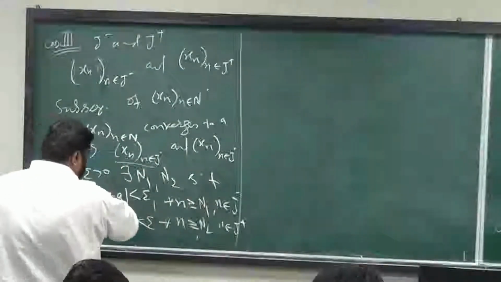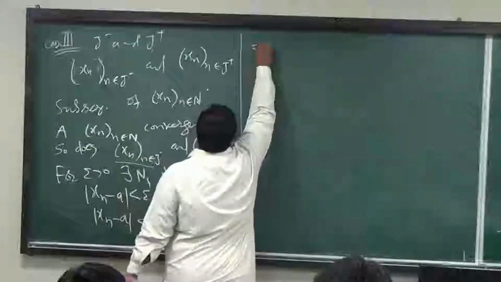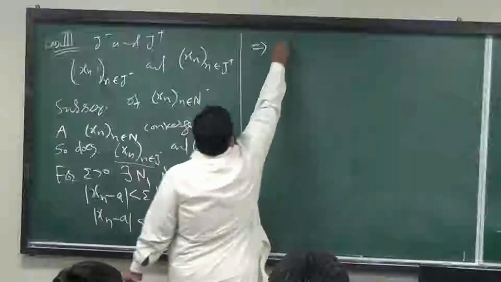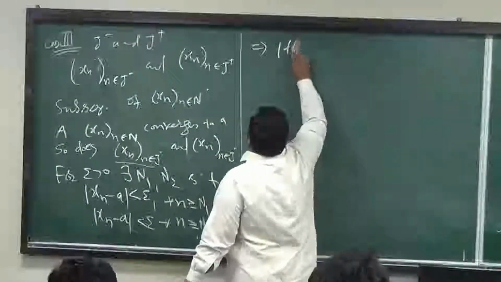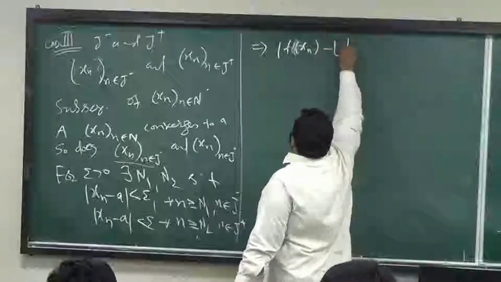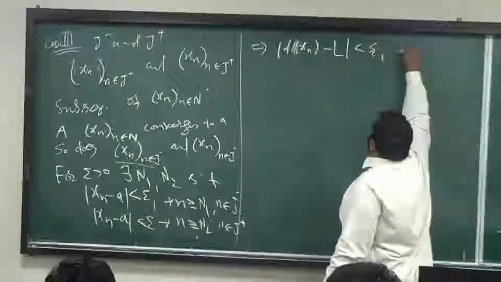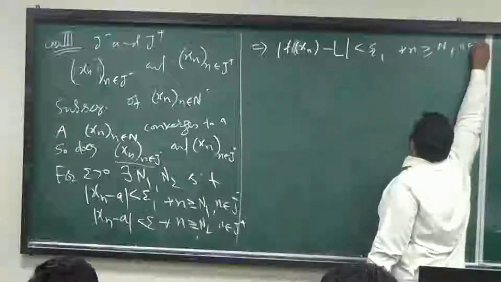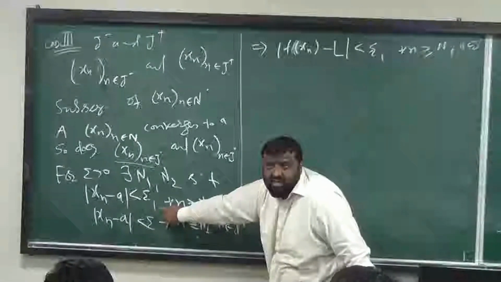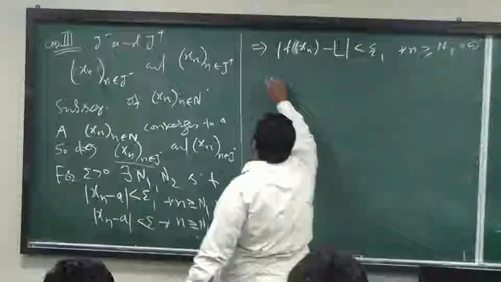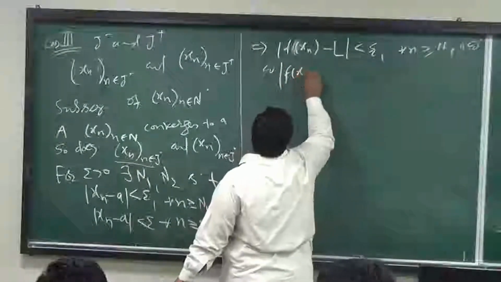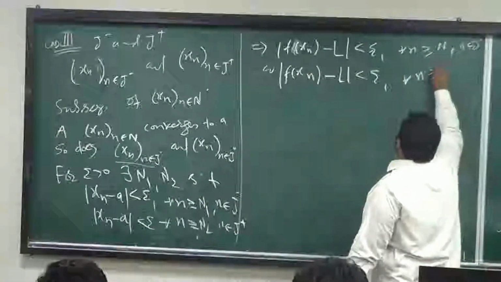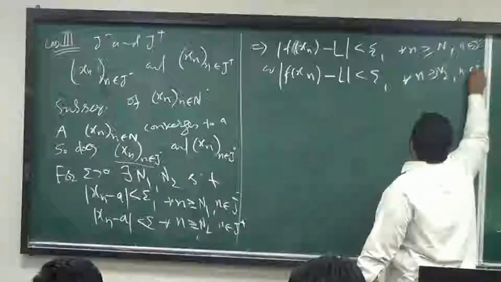If this is true, this implies that |f(x_n) minus L| is less than epsilon for all n bigger than or equal to N1, and n belongs to J minus. And |f(x_n) minus L| is less than epsilon for all n bigger than or equal to N2 when n lives in J plus.